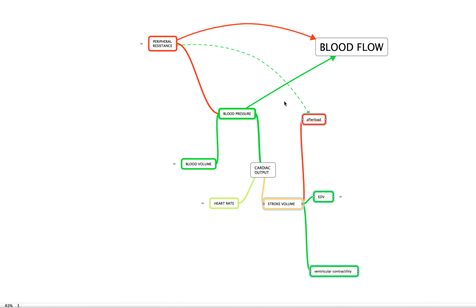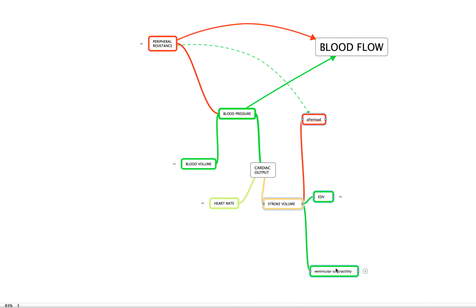So please note also that there is a direct relationship between the concept of resistance and afterload. Whenever something is put in a dashed line, it means it's kind of a secondary impact, and all of the primary impacts are in solid lines. Okay, so afterload reduces stroke volume.